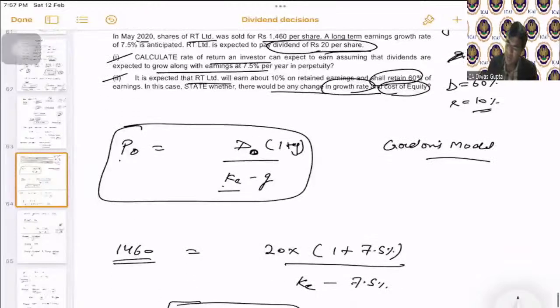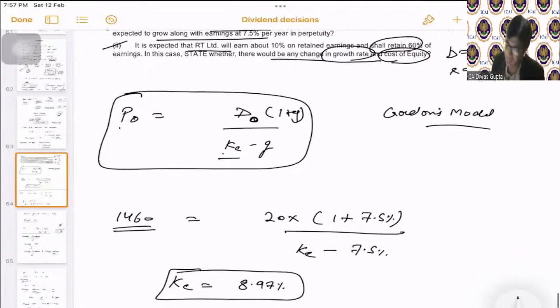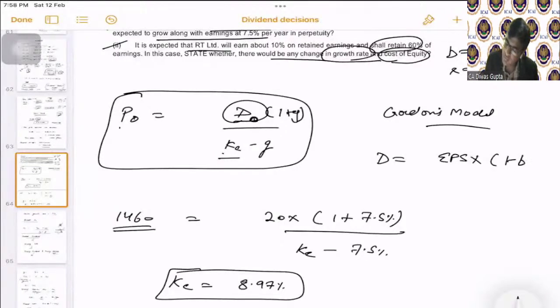But what if they change some of the conditions? Now, what is the condition that they have changed? Please note that this D0 is a dividend which is derived how? Dividend is EPS multiplied by 1 minus b, 1 minus the retention ratio, correct? Now, if you're changing this retention ratio, don't you think it will have an impact on D?